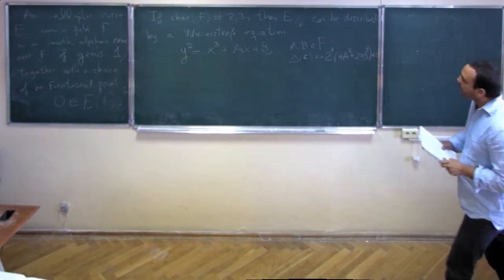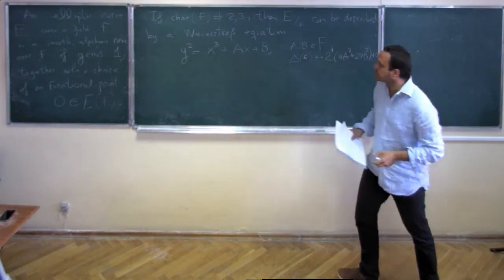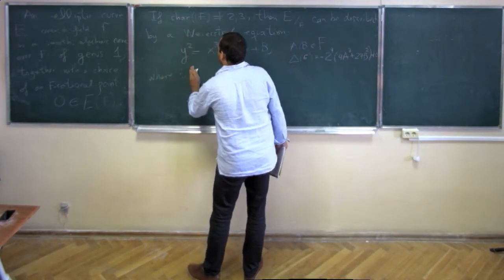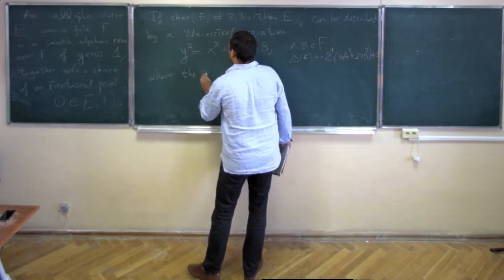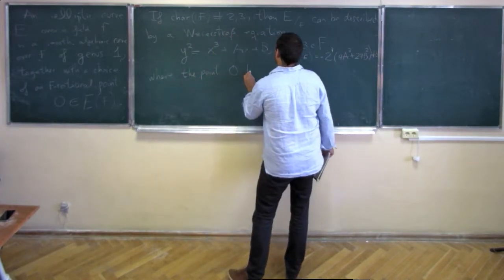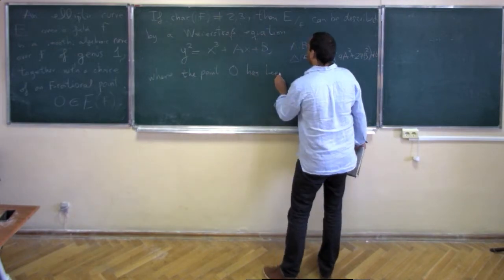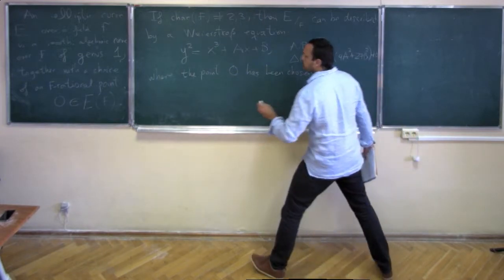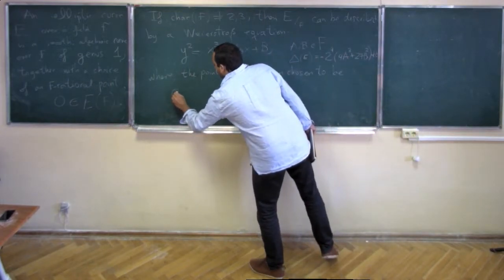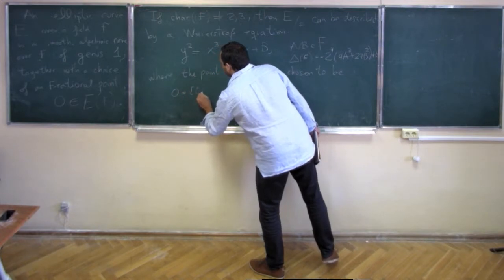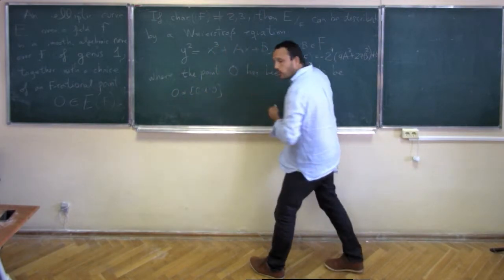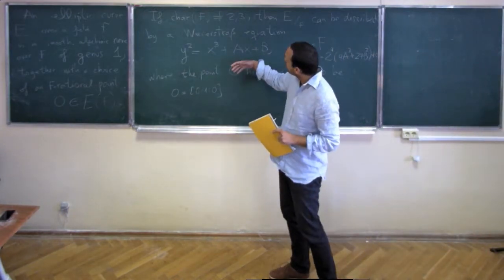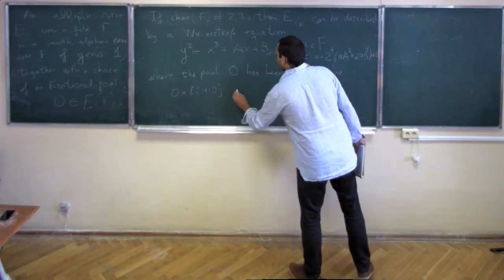And here the point that is fixed as a distinguished point is chosen to be the only point at infinity in the projective closure of this affine equation.